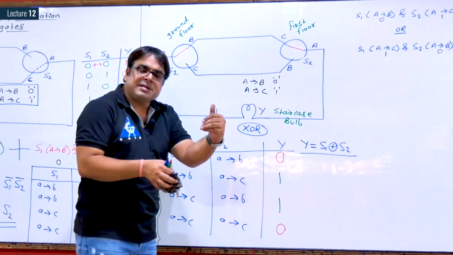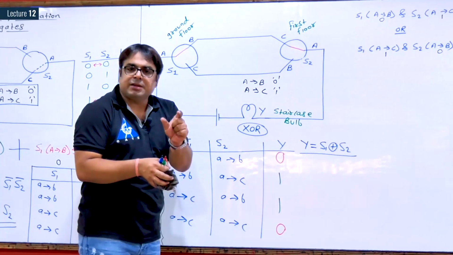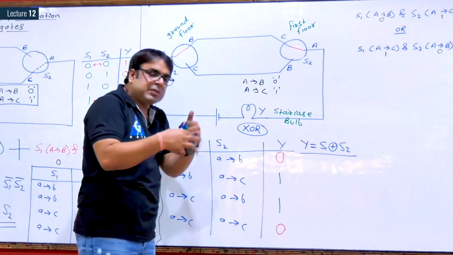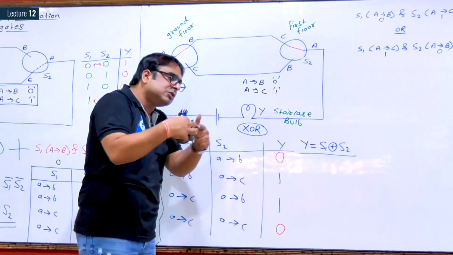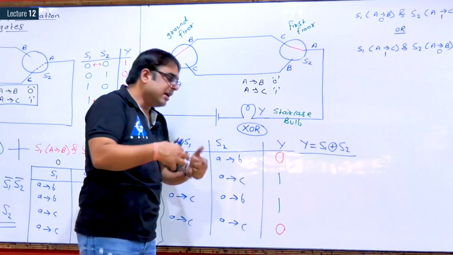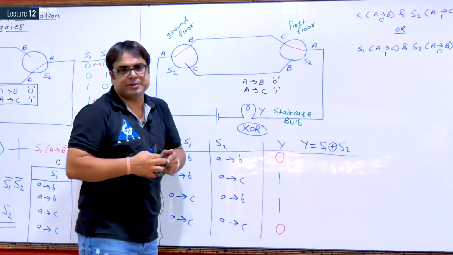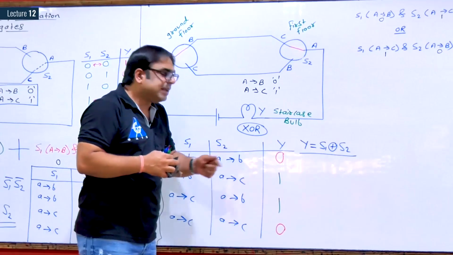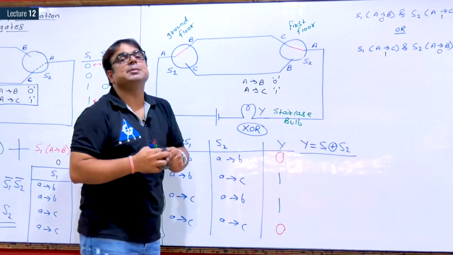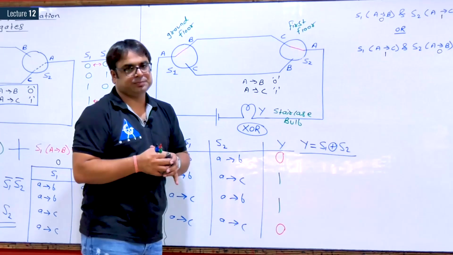In basic gates and universal gates, we have studied that the switches are not dependent on each other. But here their relative positions are important. For example, what was happening in an AND gate?